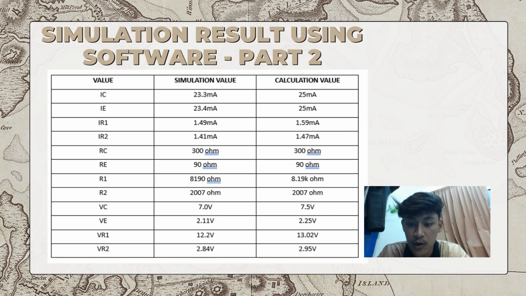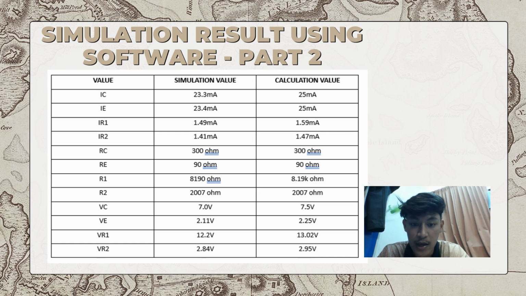Simulation value for IR1 is 1.49 milliampere, and calculation value for IR1 is 1.59 milliampere. The simulation value for IR2 is 1.41 milliampere, and calculation value for IR2 is 1.47 milliampere.